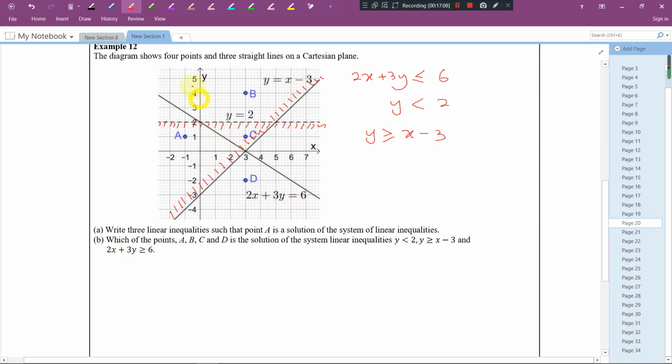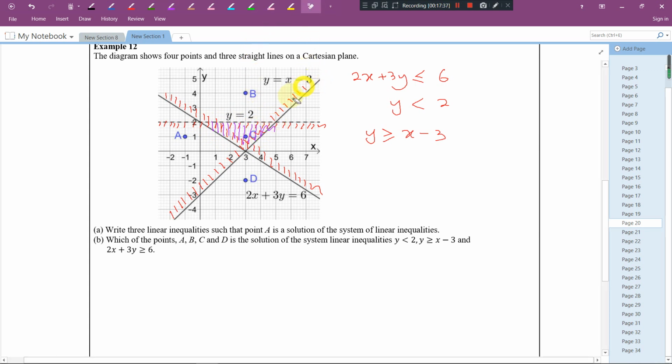So 2x plus 3y is equal to 6. Now this is greater than or equal to, so it will be above this straight line. From here, we will notice that the region that satisfies all the linear inequalities simultaneously will be here, right?